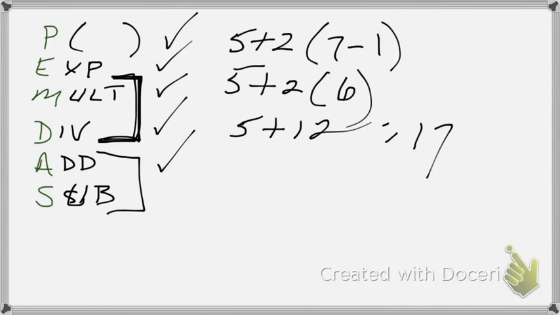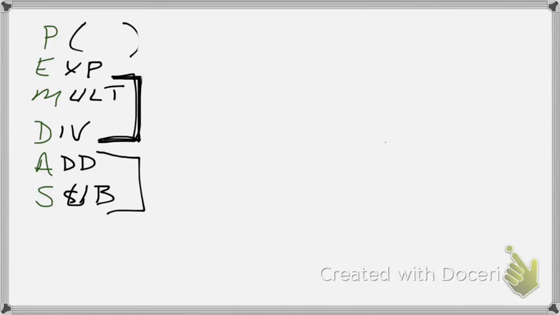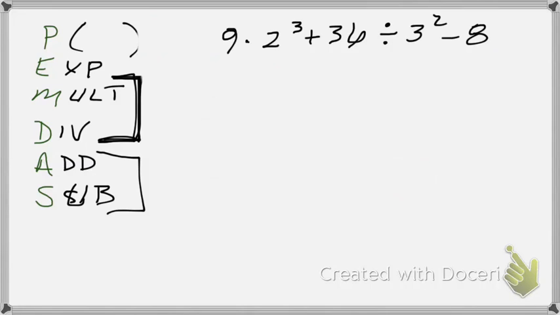Alright, so let's try one that's a little bit trickier. Let me just erase what I need to erase. Alright, so this one says 9 times 2 to the third power plus 36 divided by 3 squared minus 8.